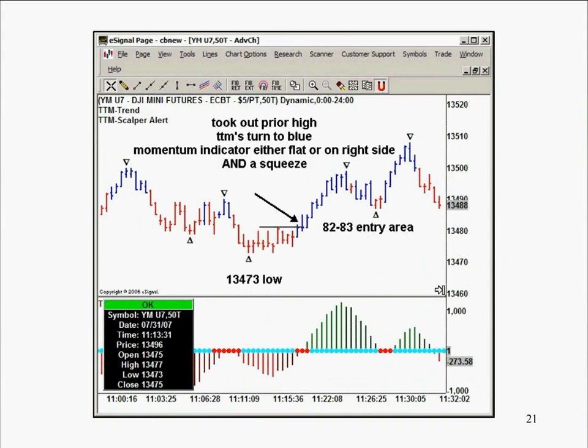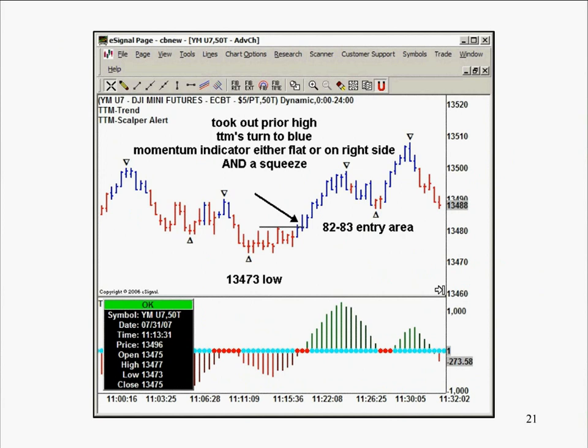And here's an example. Now, when I used to listen into the TTM room, Hubert used to use the 50-tick chart quite a bit. So that's this example. This is a 50-tick in the mini Dow. But instead of just taking a signal off of the trend indicator or the squeeze or whatever, you had something to back it up as far as the symmetry support.